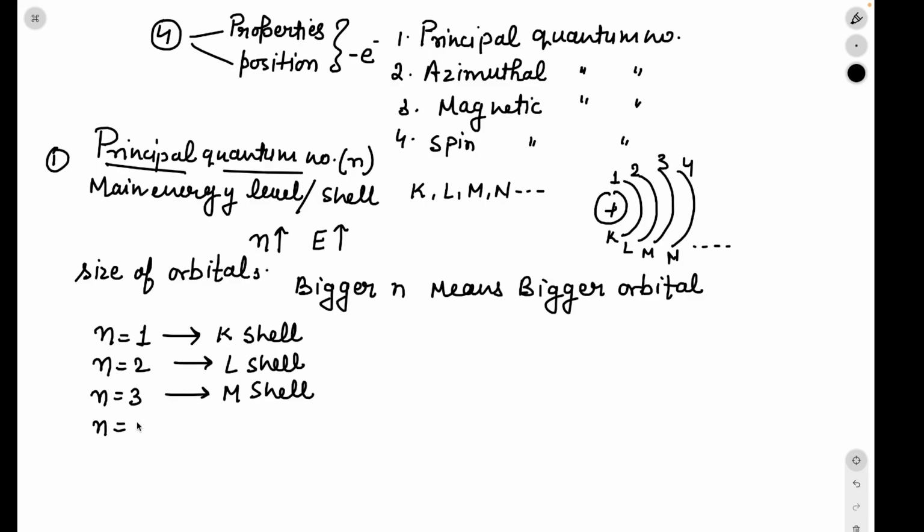And for N is equal to 4, that means N shell. And so on. For example, if N is equal to 2, that means electron is present in second shell, that is L shell, and it has more energy than electron present in first shell.